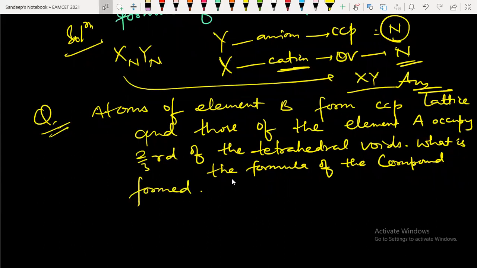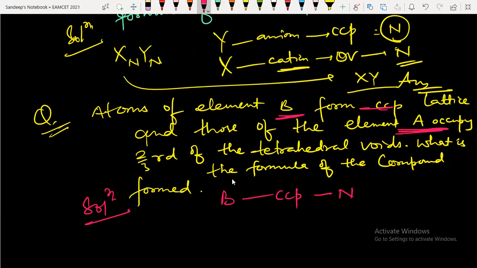So let's see. Atoms of element B form CCP, so it will be n. And element A is occupying tetrahedral voids, 2/3 of them. So it will become 2/3 into 2n, because tetrahedral voids are double the number. Now how will you solve?